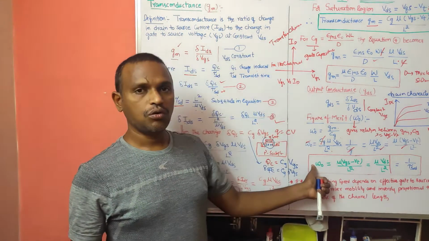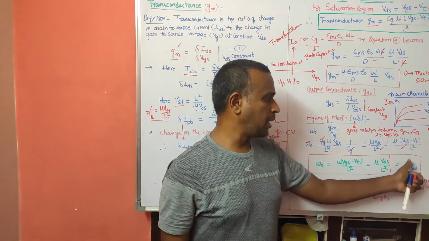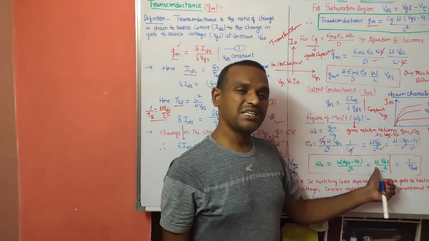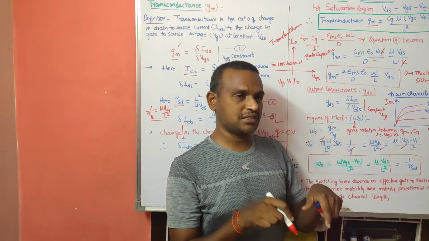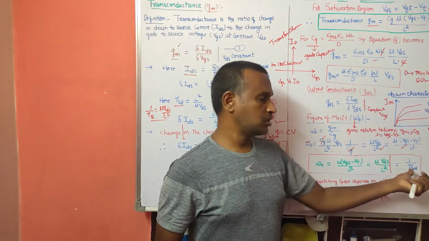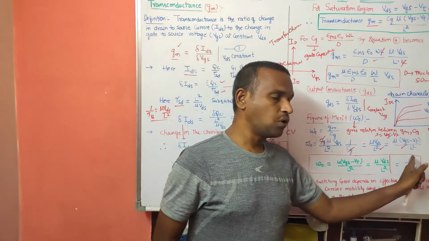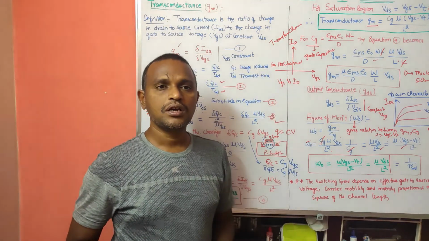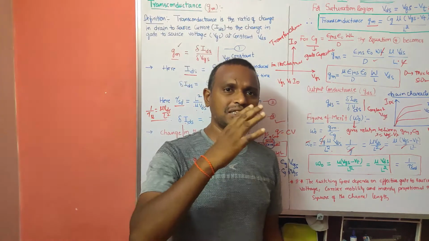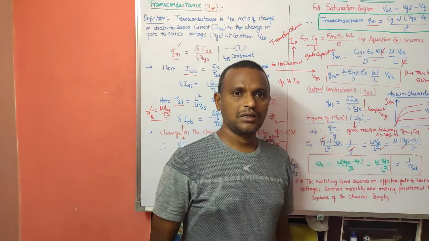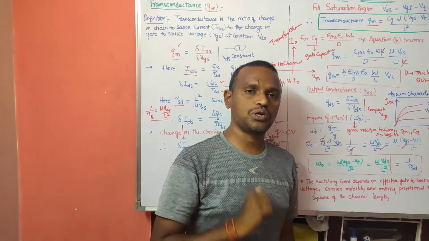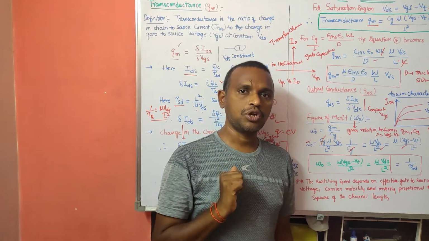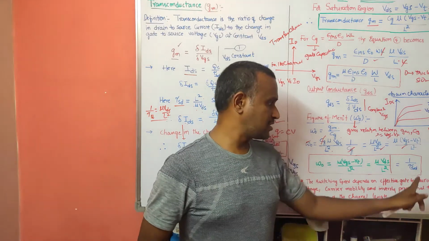So omega naught is equal to 1 by tau Sd, because tau Sd is L square by mu Vds, but here it is the reverse, mu Vds by L square. Transit time means the time taken by the electron to travel from source to drain through the channel.